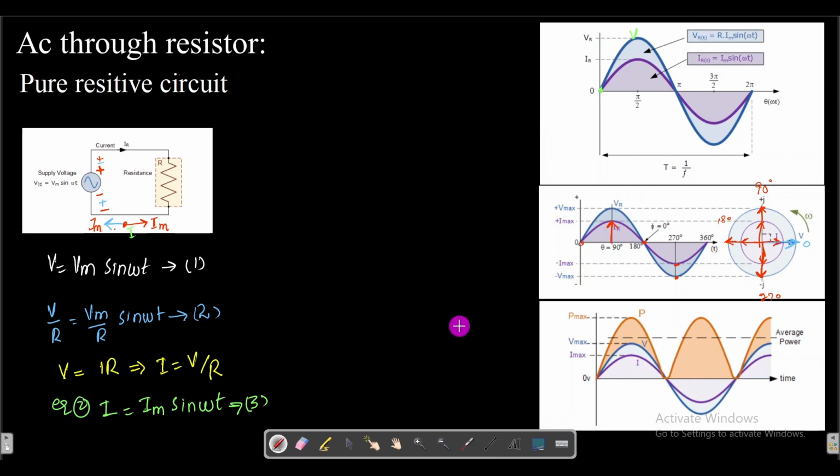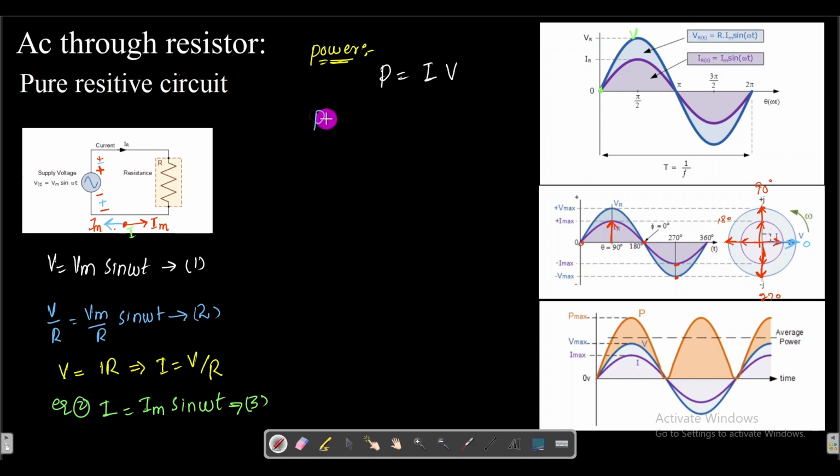Now we are going towards the power. For the power, we know the relation P is equal to I instantaneous times voltage instantaneous. We put the values of the instantaneous current and instantaneous voltage from equation 3 and equation 1.